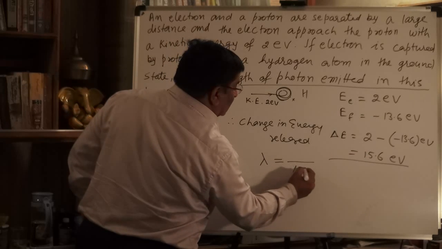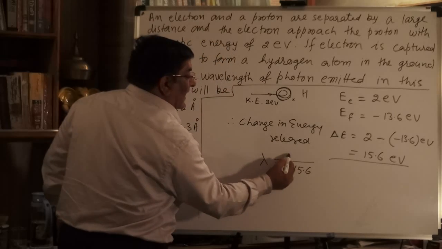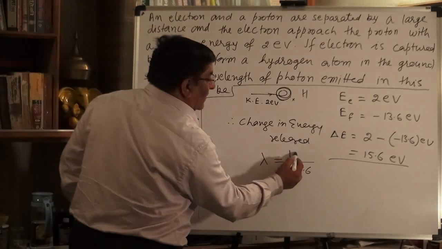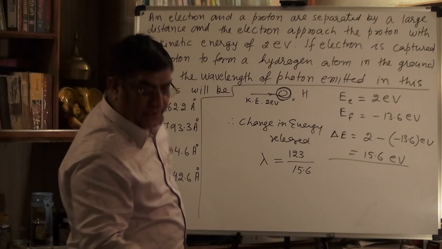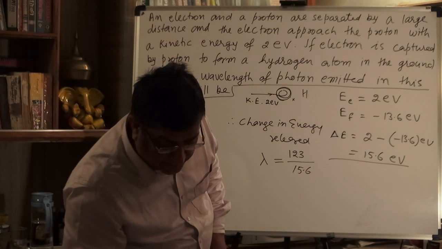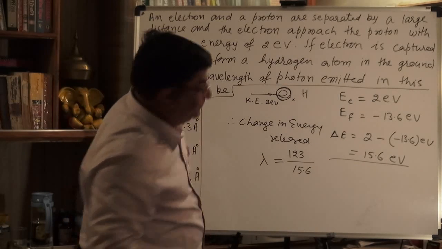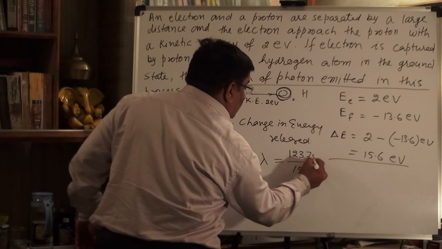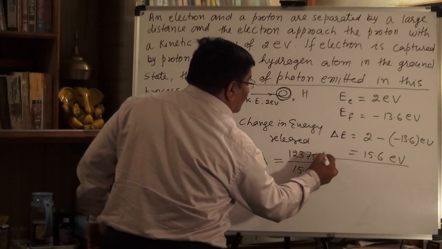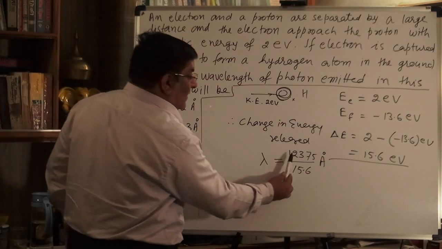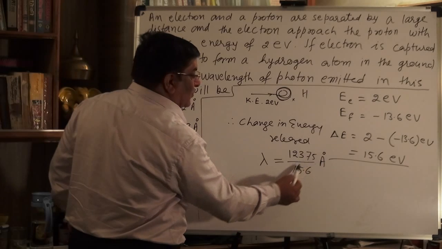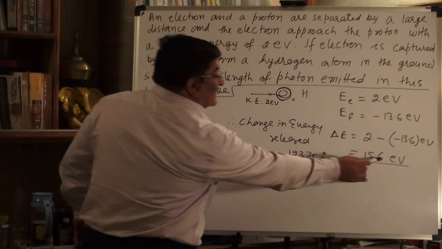This is 15.6 electron volt, and this value is equal to 12375 angstrom upon 15.6.